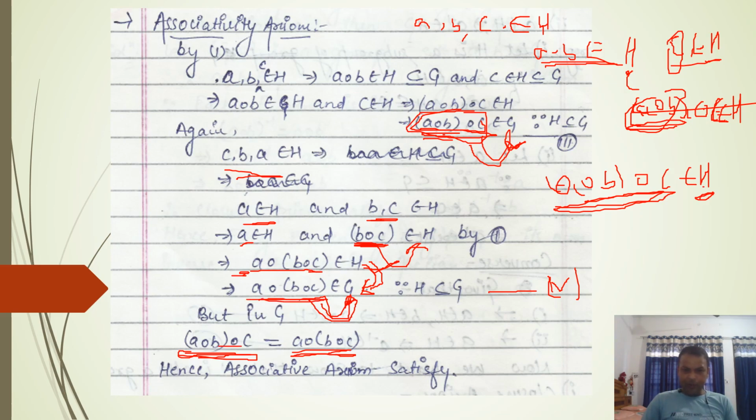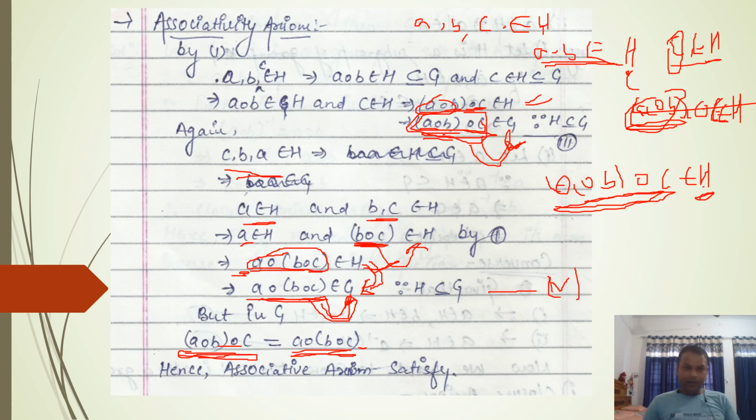So these two will be equal. So we can say that this set H will also satisfy the associative property.